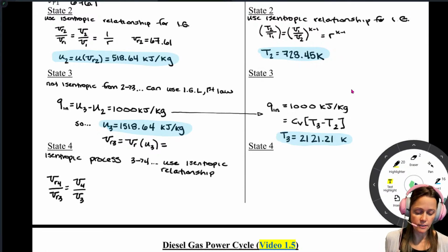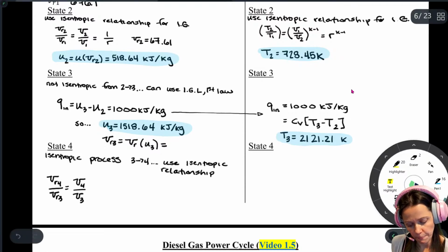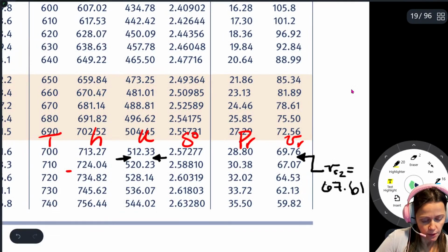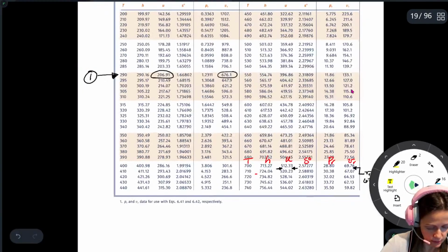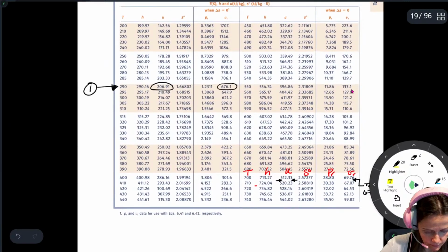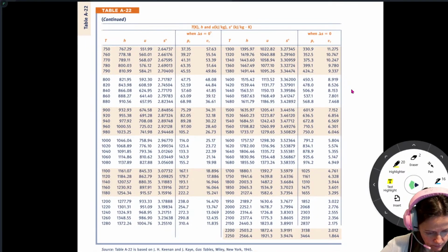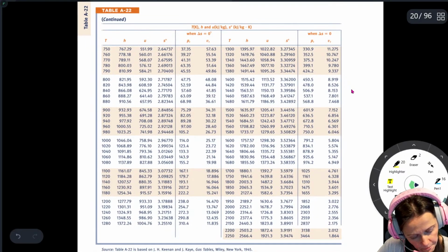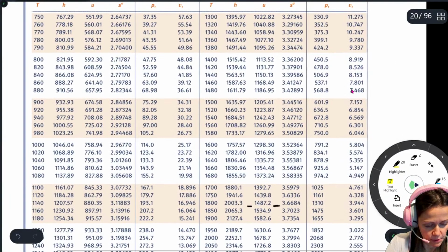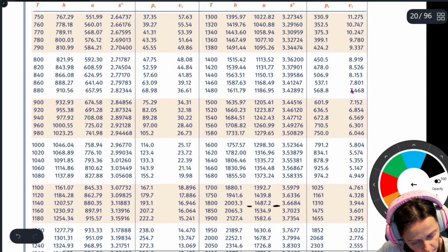So 1518.64. Looks like it's going to be right there.